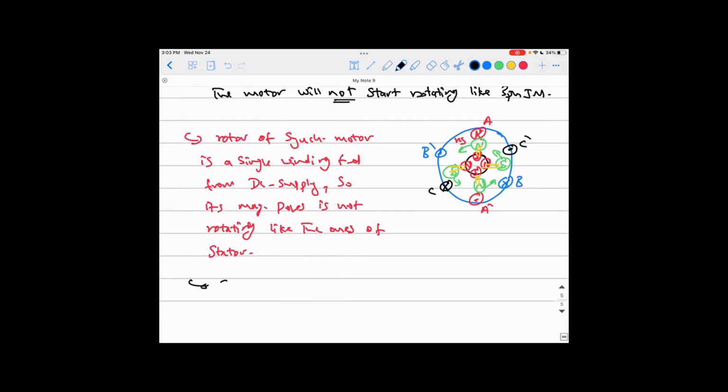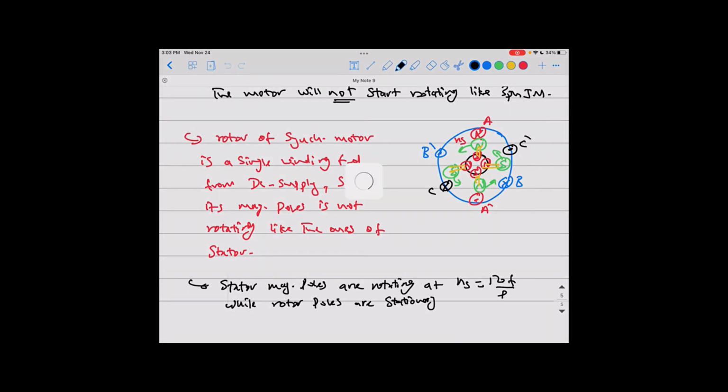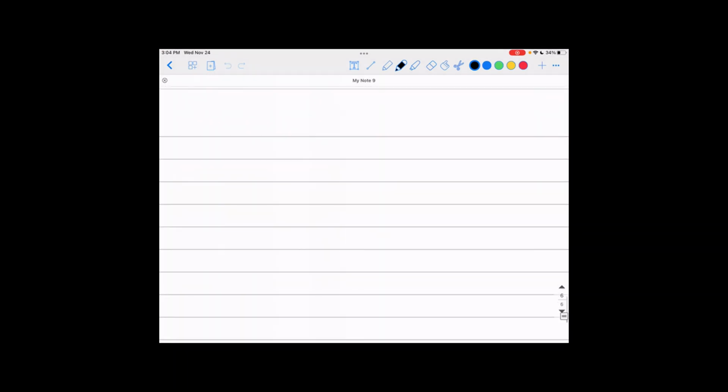So the stator magnetic poles are rotating at the synchronous speed, 120 F/P, while the rotor poles are stationary. They are not going anywhere. Okay, guys?